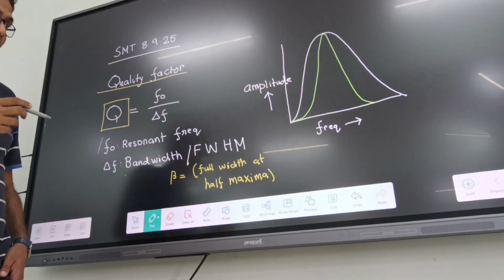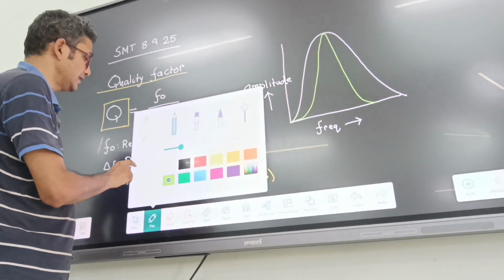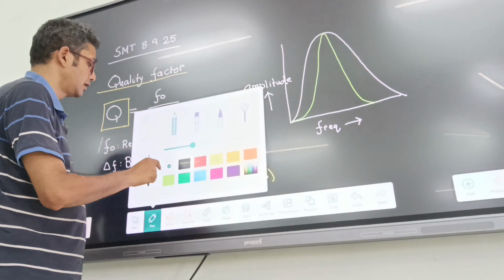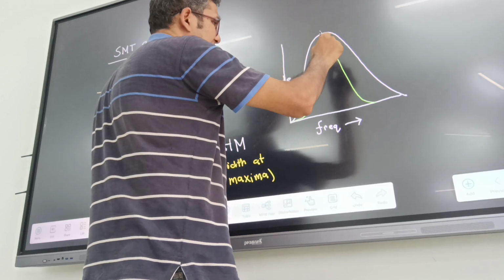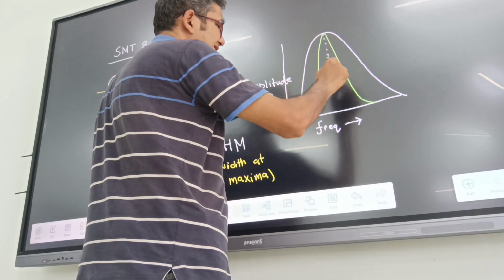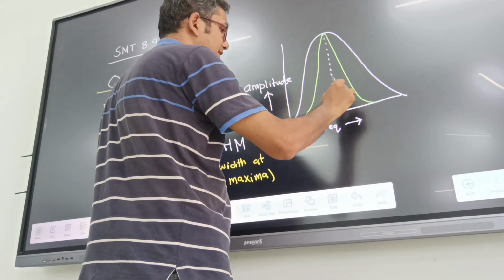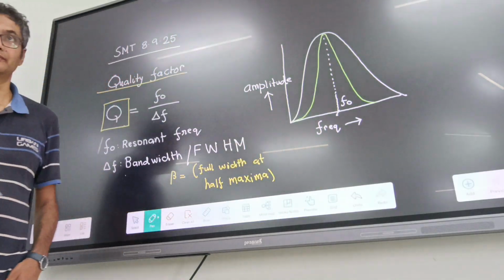In both cases the resonant frequency is the same. That means the peak frequency, this is F0. The resonant frequency for both the cases is the same.